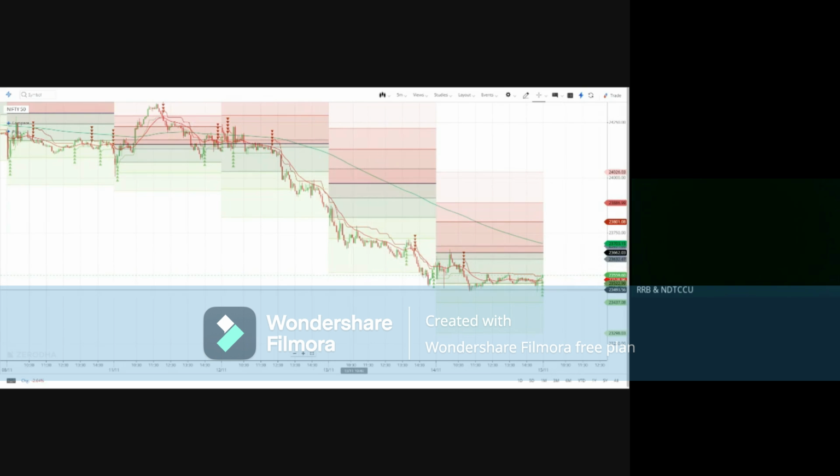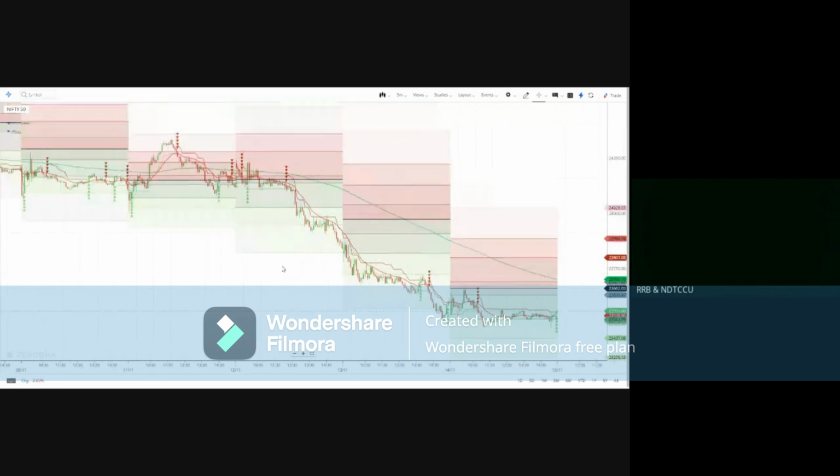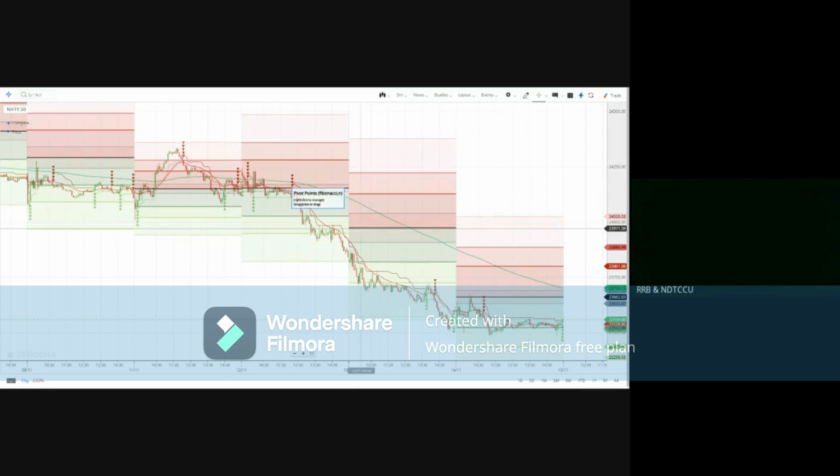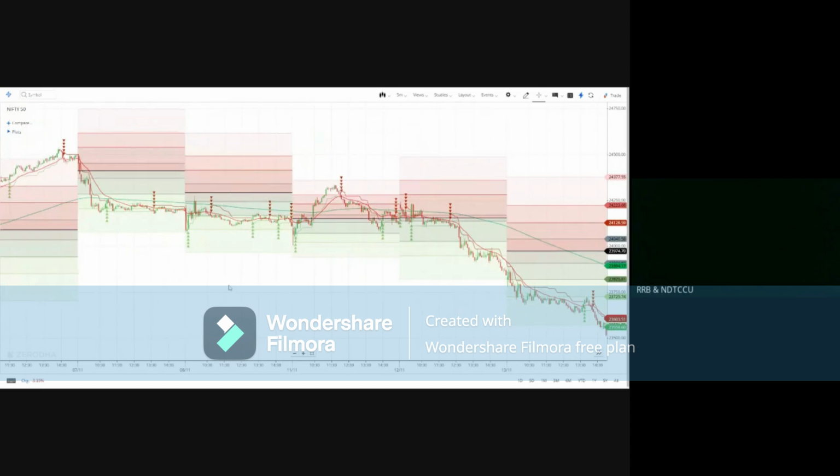So for selling, don't sell near the CPR. It might bounce back. So wait for a distance from the CPR, or for some other bearish signals, I guess.